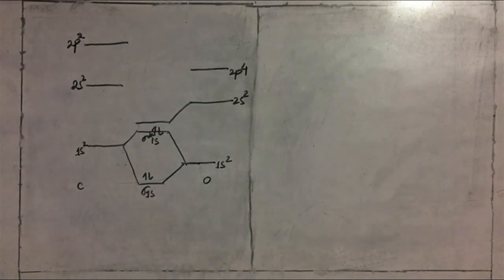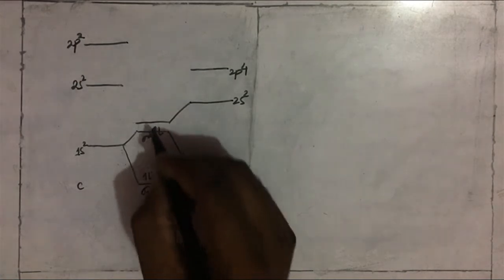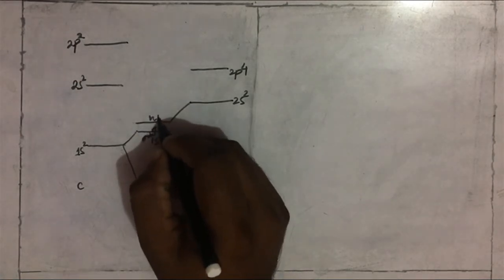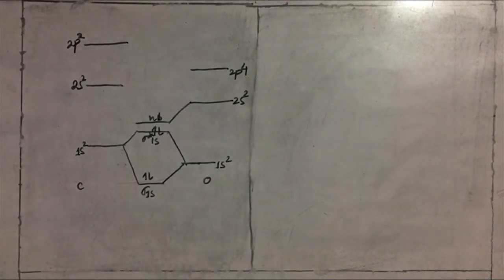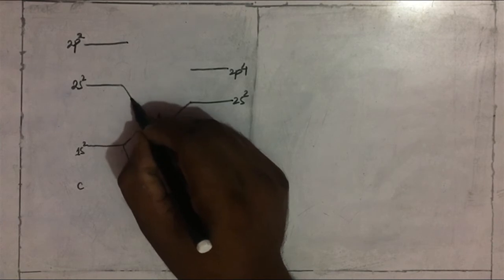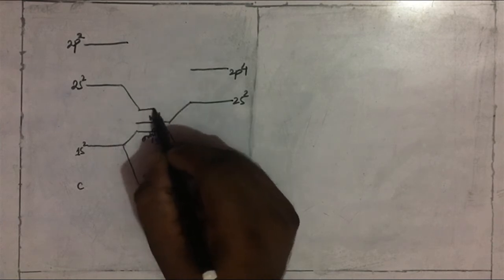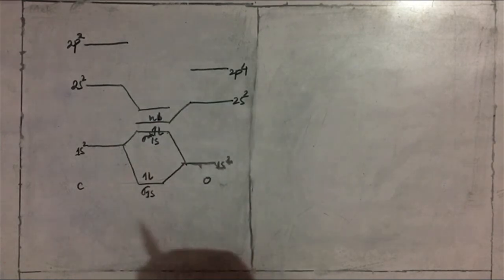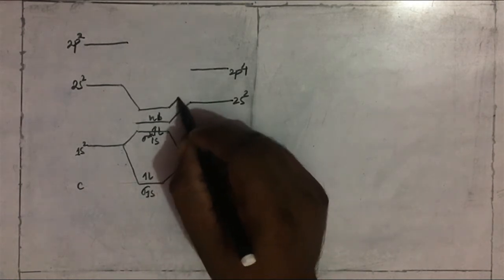So here the 2s plays a role as non-bonding electrons, and the other 2s forms bonding with this 2pz.